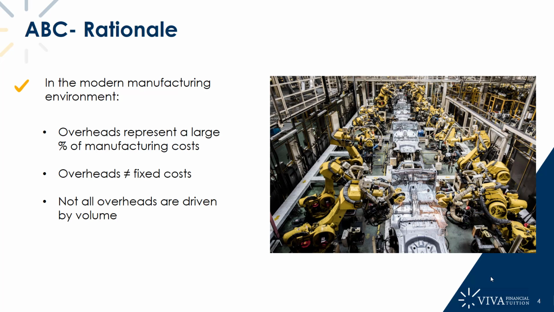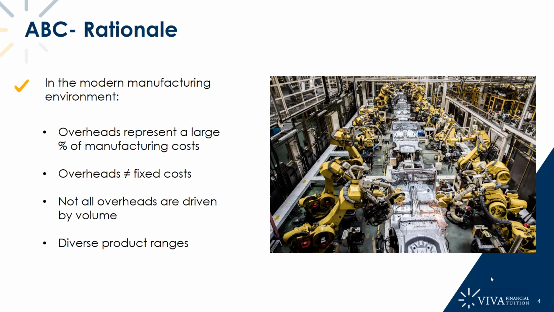Now, it just simply isn't the case that if something's produced in a larger volume, it necessarily places bigger demands on the business in every single area of the production process. In some cases, that would not be the case. Traditional absorption costing just cannot deal with that complexity, whereas activity-based costing does a much better job of this.